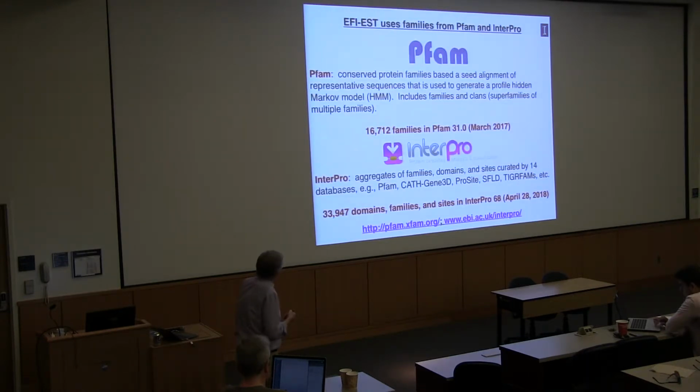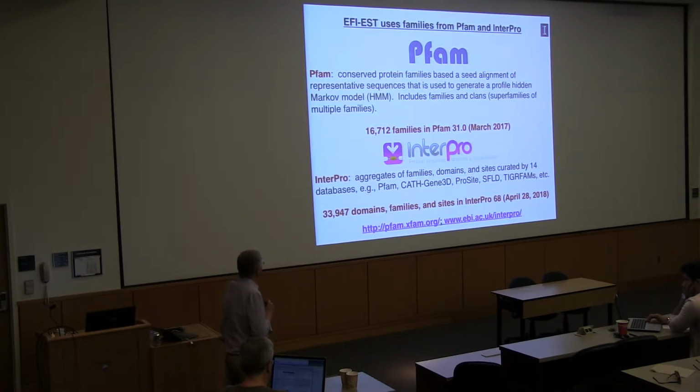Okay, so for some of our options, we also use the PFAM database, which is also associated with EMBL, and the Interpro family database, which is associated with EMBL EBI. PFAM is a database of curated families, and there are now 16,712 PFAM families that are in the Uniprot database.